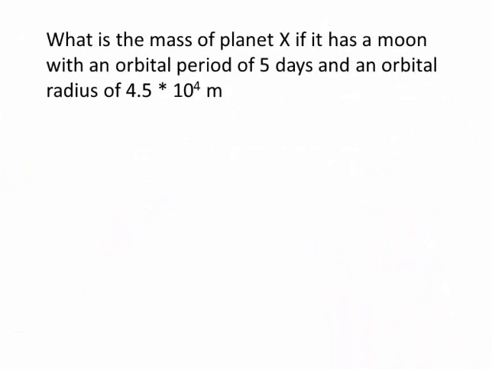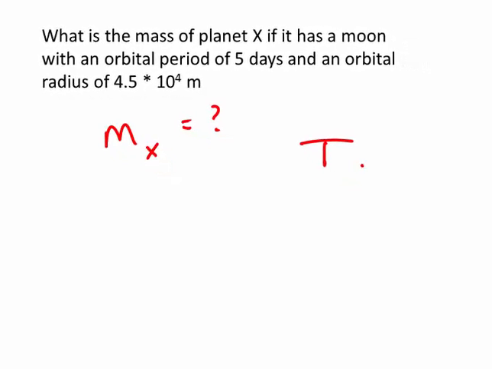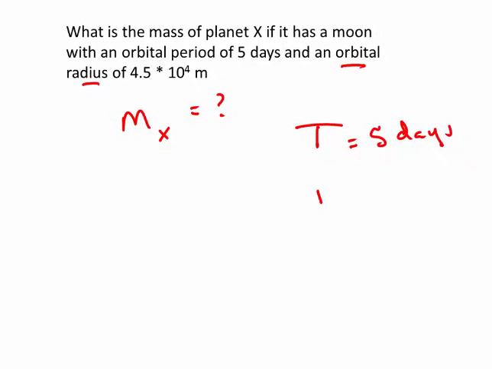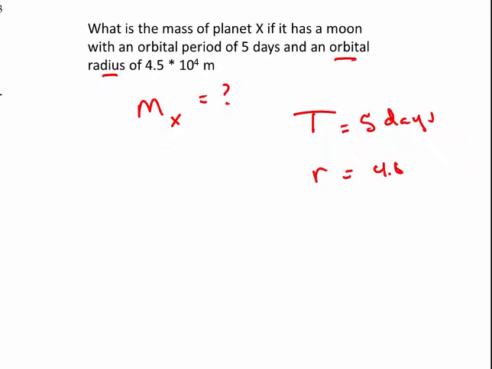What is the mass of planet X if it has a moon with an orbital period of 5 days and an orbital radius of 4.5 times 10 to the 4th meters? So I'm hunting for the mass of planet X. And I've got a moon, and that moon has a period of 5 days, and it's got an orbital radius, not a planetary radius, but an orbital radius of 4.5 times 10 to the 4th meters.